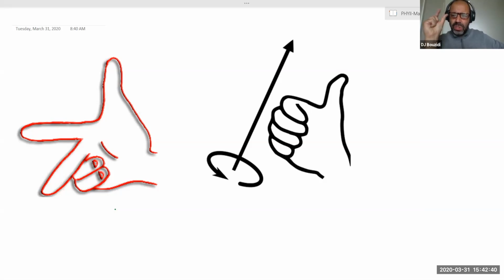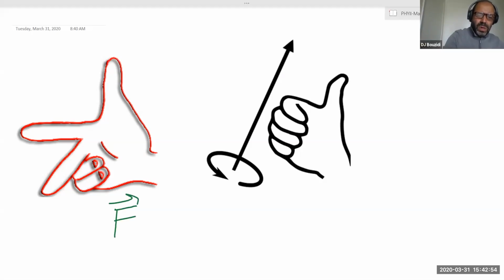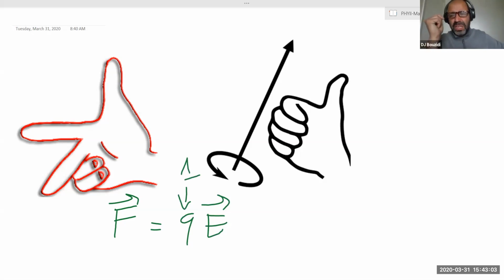It moves this much or that much, depending. If it compresses the spring this much or that much, that is the strength of the electric field. Because for 1 coulomb, remember F was equal to Q times E. So that's basically all we needed. So if this number were 1 coulomb, then what the spring measures is actually your electric field. So that was one way of finding the electric field.